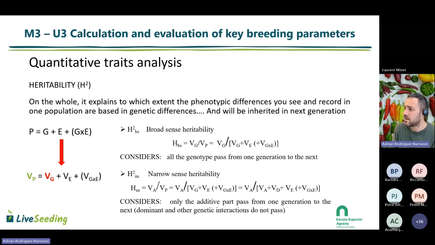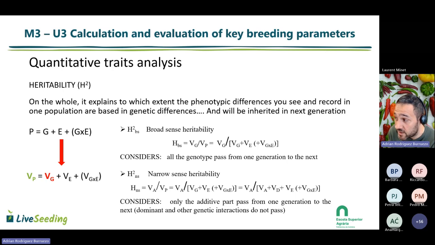Okay, but this variance or these coefficients of variation, these phenotypic differences and variances, to which extent do they depend on real genetic differences? Because this is the key. You will select based on what you see and record, the phenotypic differences. But if the phenotypic differences have not a strong genetic basis, the response to your selection will be very low.